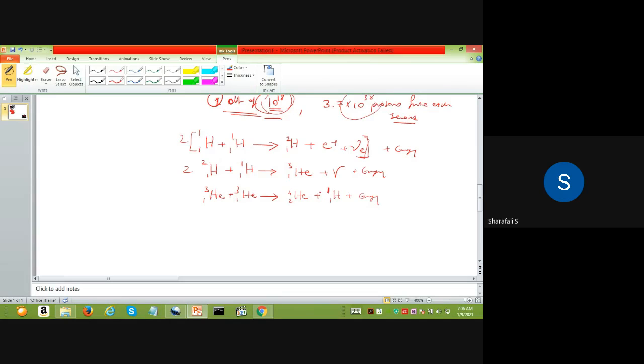So here we need 2, so 2 times it will be balanced. So 2 protons here, 2 protons here, so 4 protons. Here 2 protons on this side.